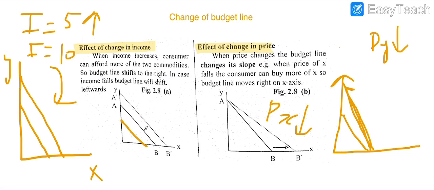Let me try it again. The budget line will rotate like this. Like when PX falls, the budget line rotates forward, and when PY falls, the budget line will rotate while X is fixed and Y increases. If it is Y1, it will be Y2.